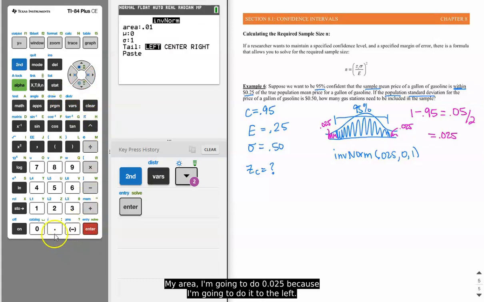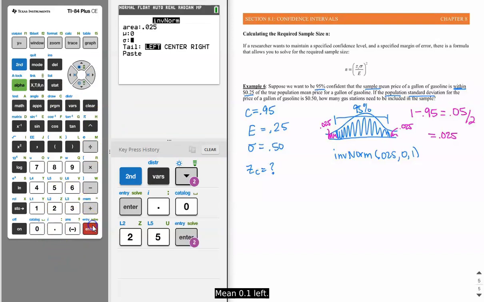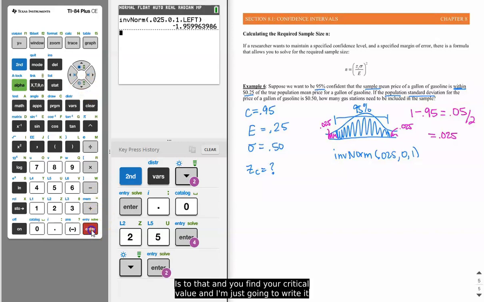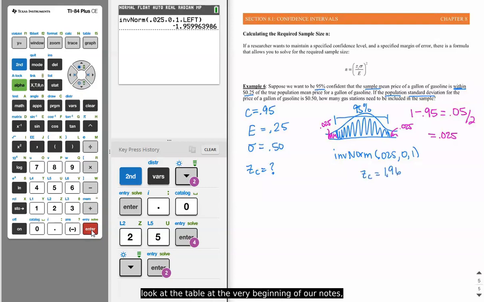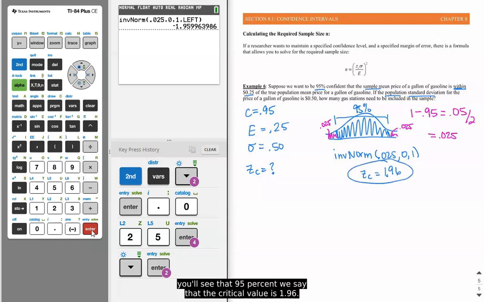My area, I'm going to do 0.025 because I'm going to do it to the left. Mean 0, 1, left, paste that. And you find your critical value, and I'm just going to write it as a positive value, is 1.96. If you look at the table at the very beginning of our notes, you'll see that for 95% we say that the critical value is 1.96.